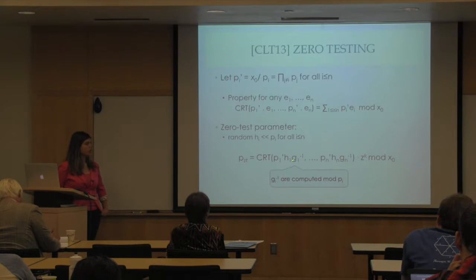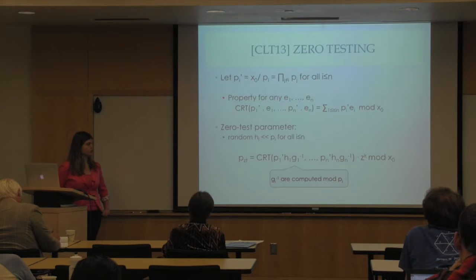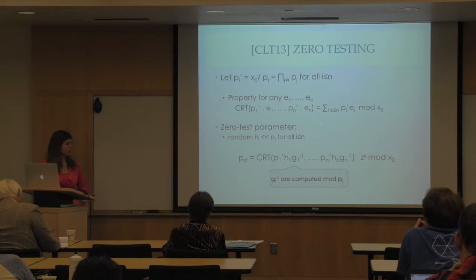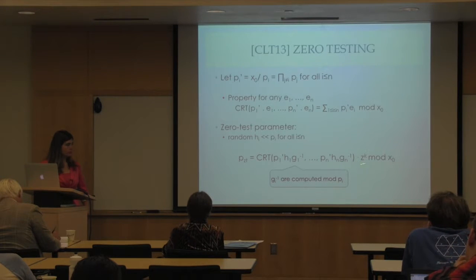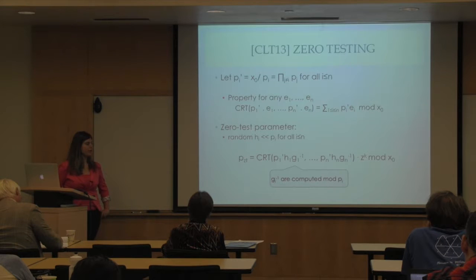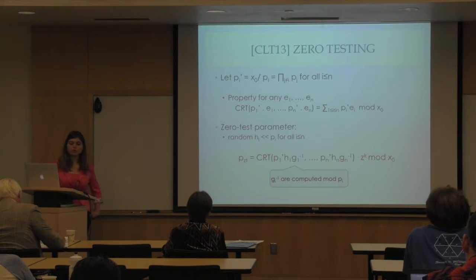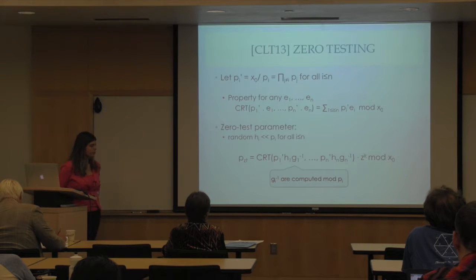These inverses are computed modulo p sub i. So we take the CRT of the values of this form, and then we also multiply the resulting value with g to the power k, where k will be our zero testing level. And this is all computed modulo x sub 0.